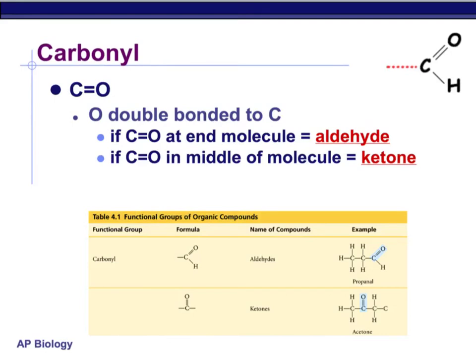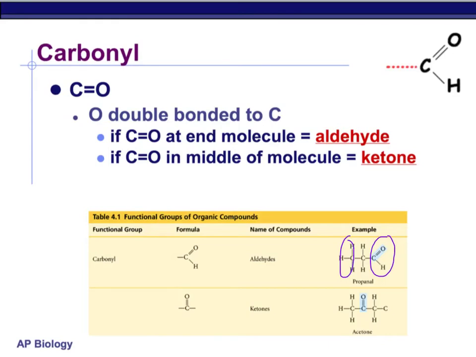The next group is called a carbonyl, and it's what happens when you have a carbon double bonded to an oxygen. Now this one's tricky because it really does depend on where that double bond is in the molecule. If the double bond between the carbon and the oxygen happens at the end of the molecule, and please note that end could mean on the right, but it could also mean on the left, you have an aldehyde.